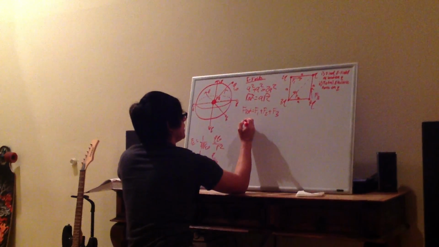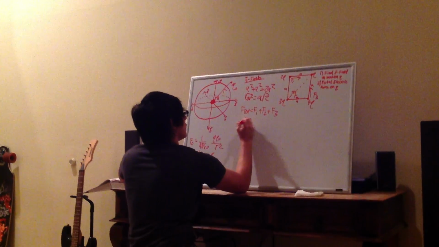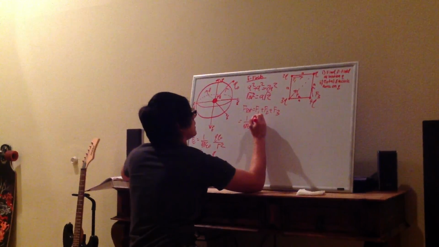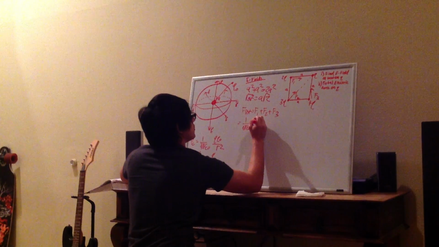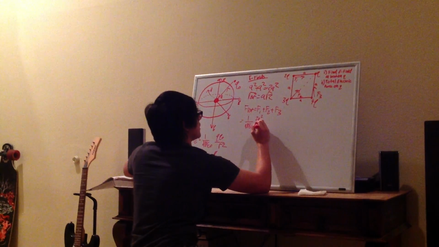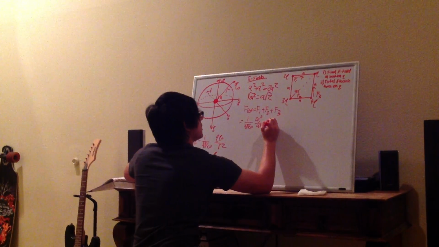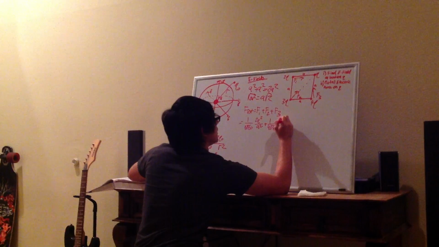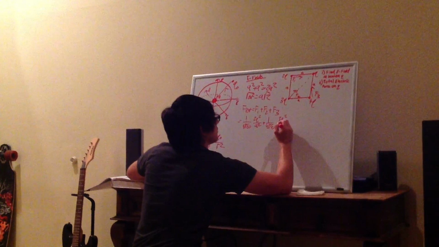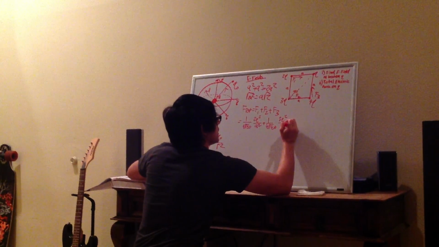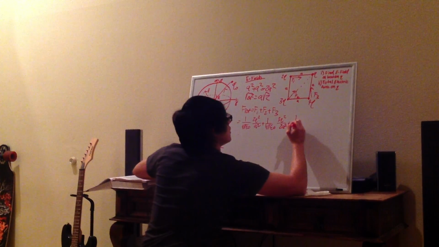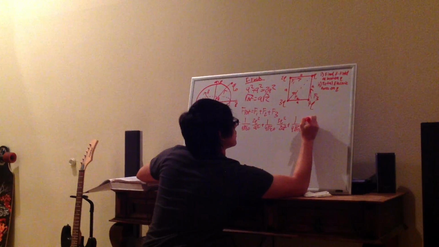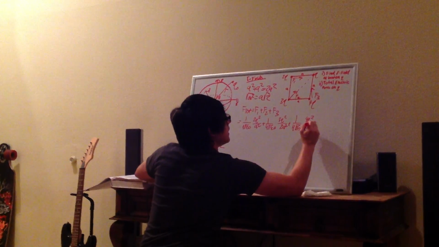And this is going to be equal to 1 over 4 pi epsilon naught 2Q squared divided by a squared plus 1 over 4 pi epsilon naught 3Q squared divided by 2a squared plus 1 over 4 pi epsilon naught times 4Q squared.